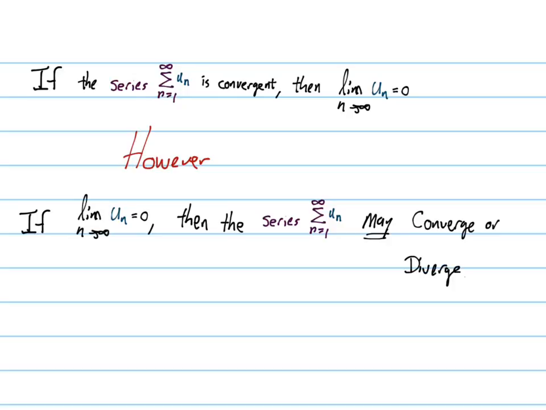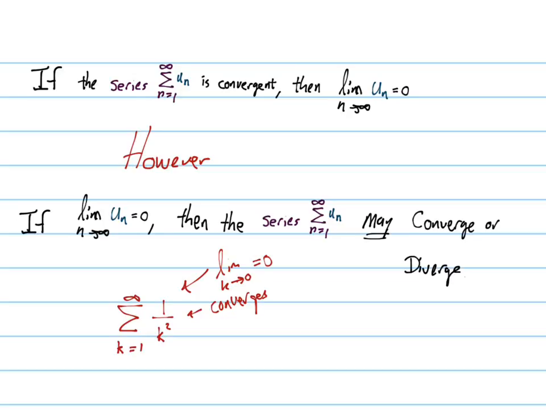We're going to explore this later, but just to make sure you understand, this particular series, k goes from 1 to infinity of 1 over k squared, converges, and you will observe that as I let k approach infinity the limit is 0.